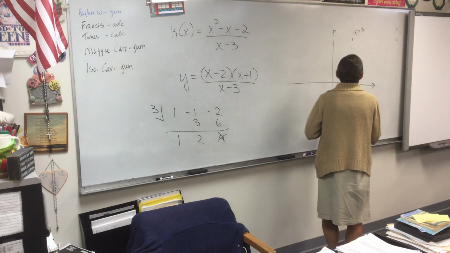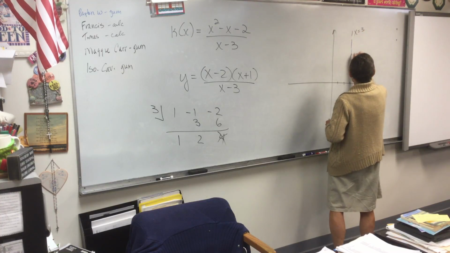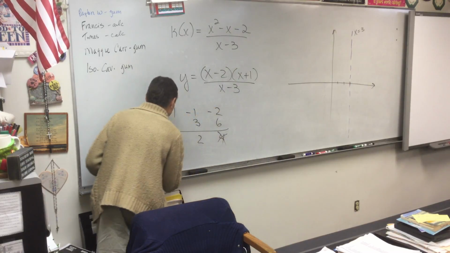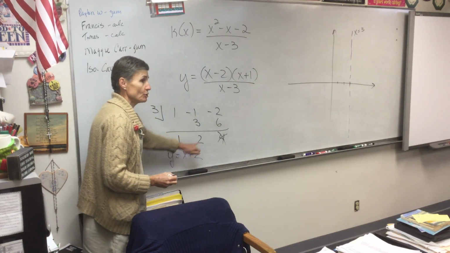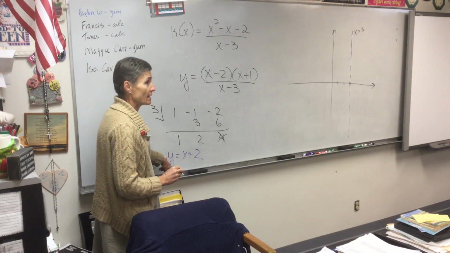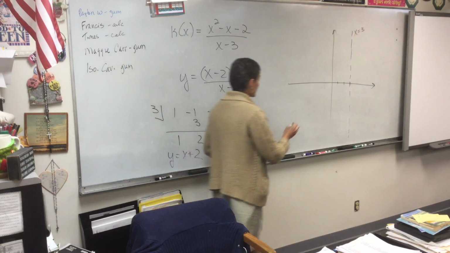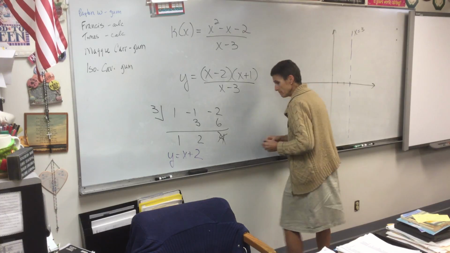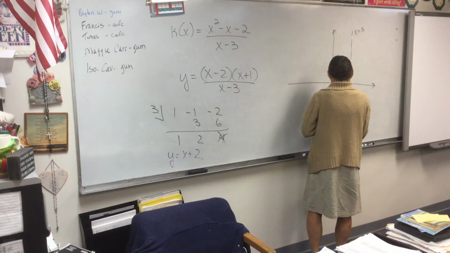What does that represent? That's the line y equals x plus 2. So that's my end behavior asymptote, my slant asymptote. That's a line with an intercept at 2, right? And a slope of 1.